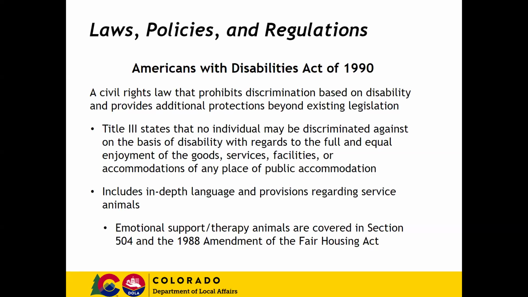Just a reminder, we're not going to go into great detail about service animals, emotional support, or therapy animals, because that is not our area of expertise here at the Division of Housing, but we do offer resources if your participants have questions about having different types of therapy service or support animals in their rental units.